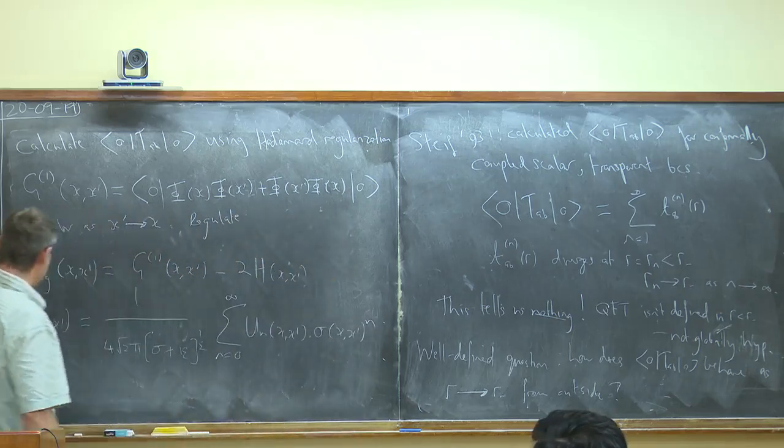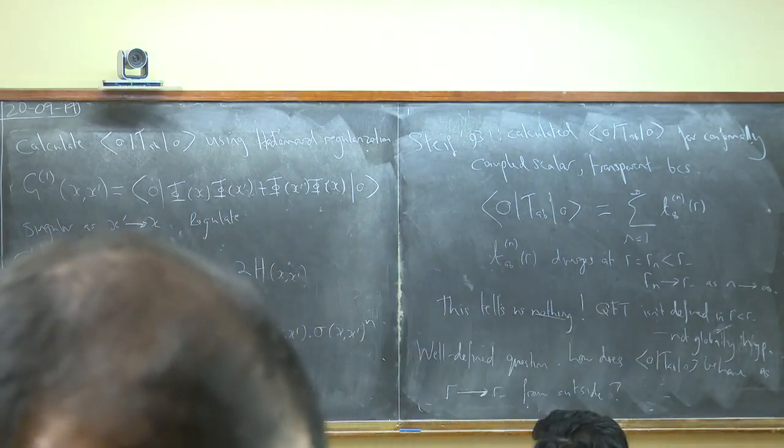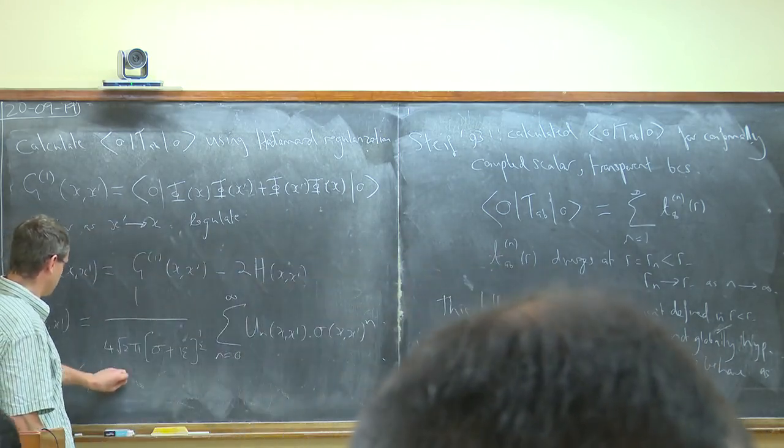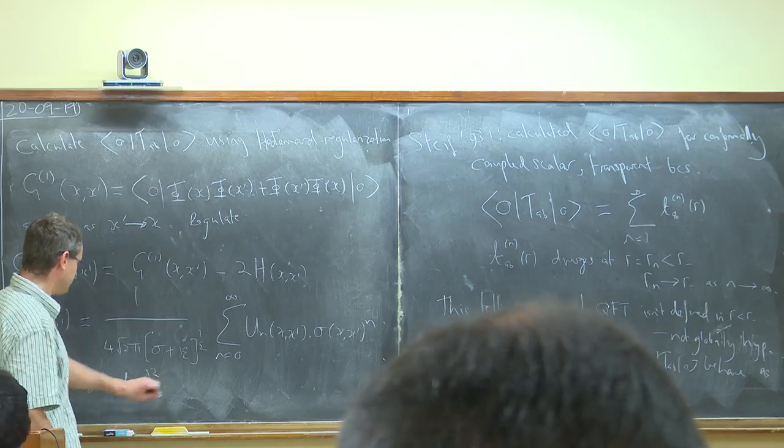So this sigma is related to the geodesic distance between x and x prime. So 2 sigma is the geodesic distance squared.